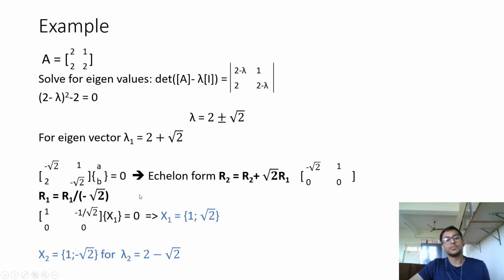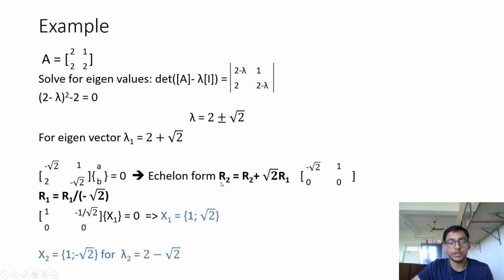Now we have to reduce this homogeneous equation into echelon form. You can do it without this row reduction also, but I prefer to do that. It also helps in a complex three or four order matrix. It helps us easily solve these expressions.